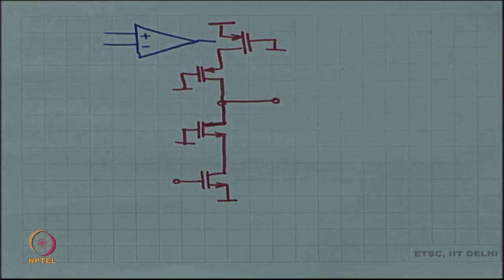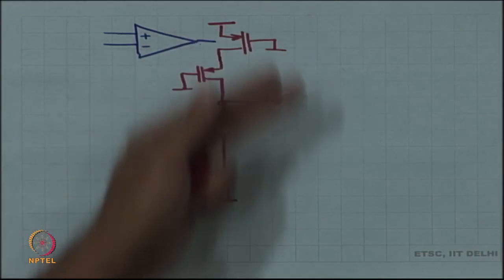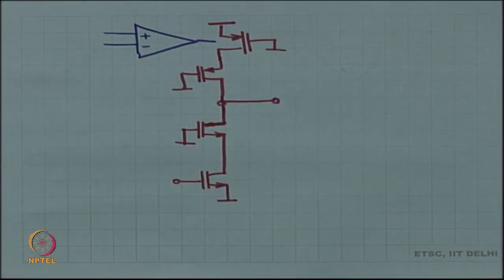Fine. So, this was the cascode amplifier, and is there a way that I can make this cascode amplifier as a differential amplifier? And the answer is yes, very easily.